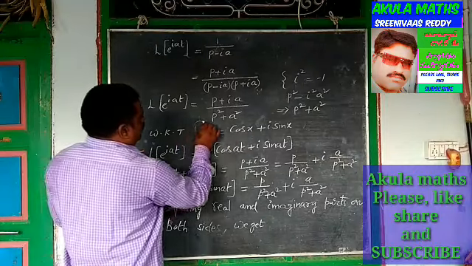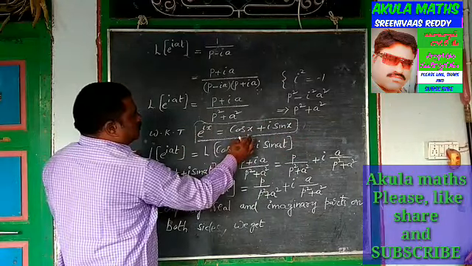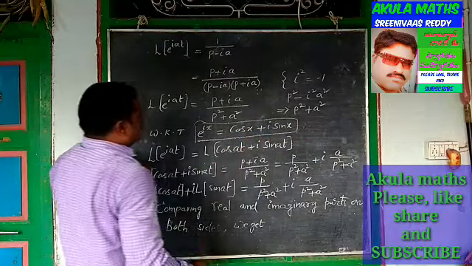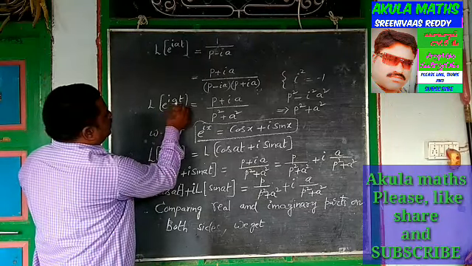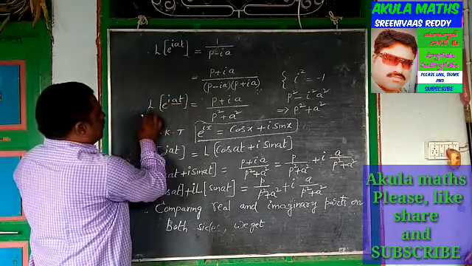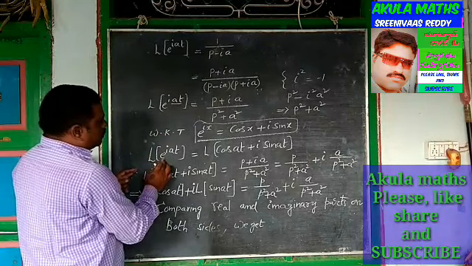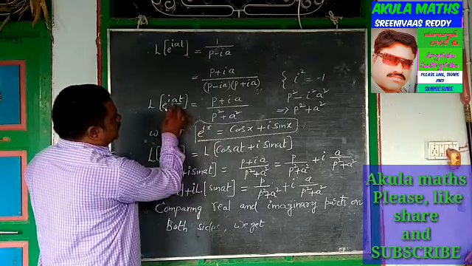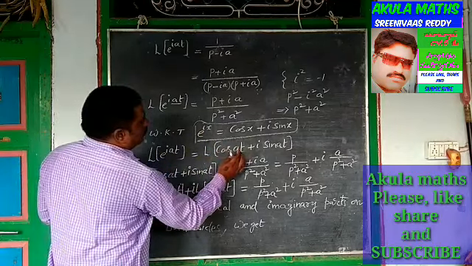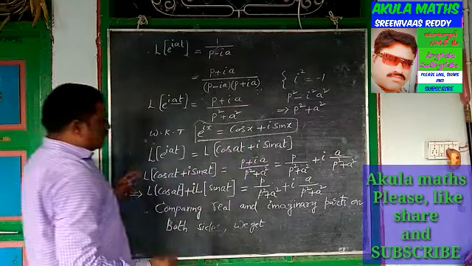Already we know that e power ix is equal to cos x plus i sin x. So here e power ix, x means at. So Laplace of e power iat can be written as L of e power iat is equal to L of cos at plus i into sin at.